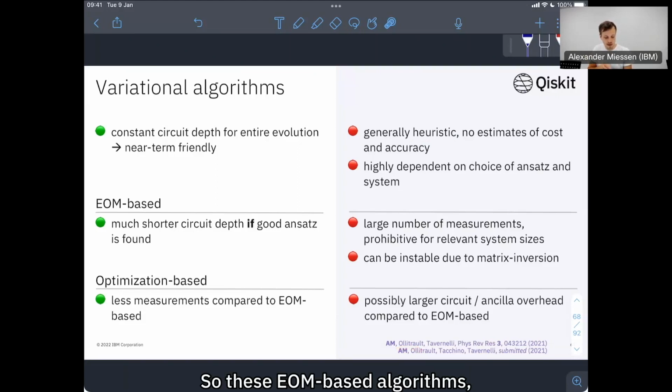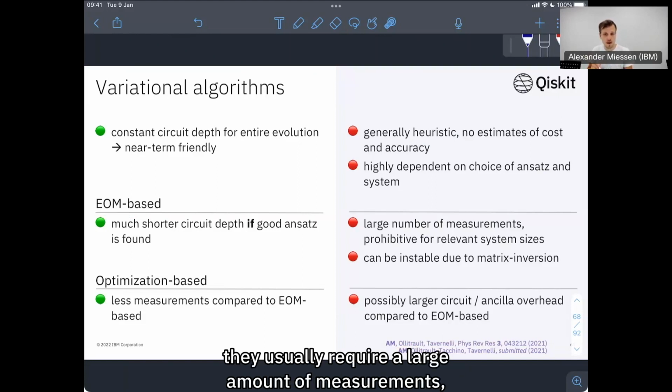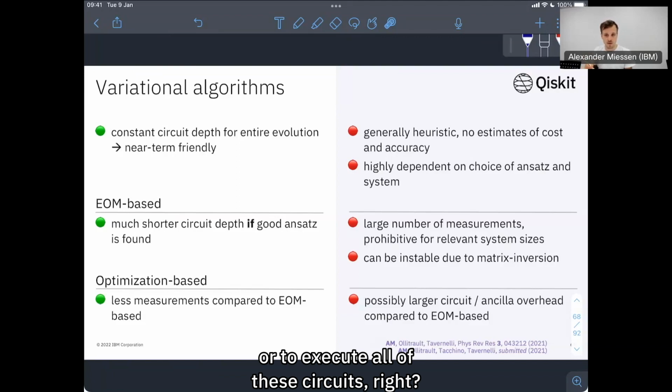So these EOM-based algorithms, because of the facts that I told you about before, they usually require a large amount of measurements, which you can read up on in this paper that we published last year. And so for relevant system sizes, maybe to compare to classical simulations, these number of measurements are so large that you cannot carry out the simulation because it simply takes too much time to do all of these measurements or to execute all of these circuits, right?